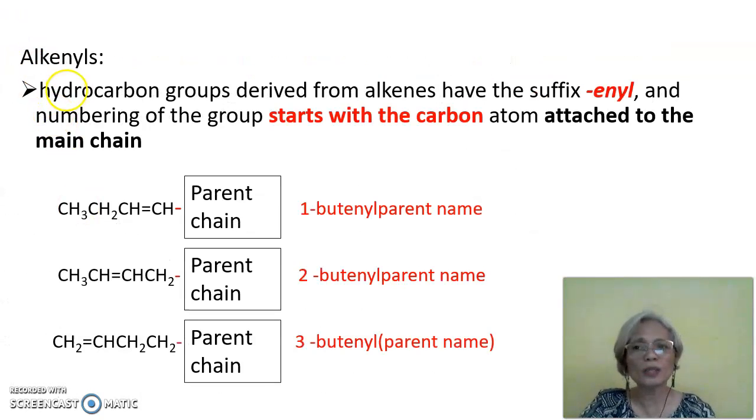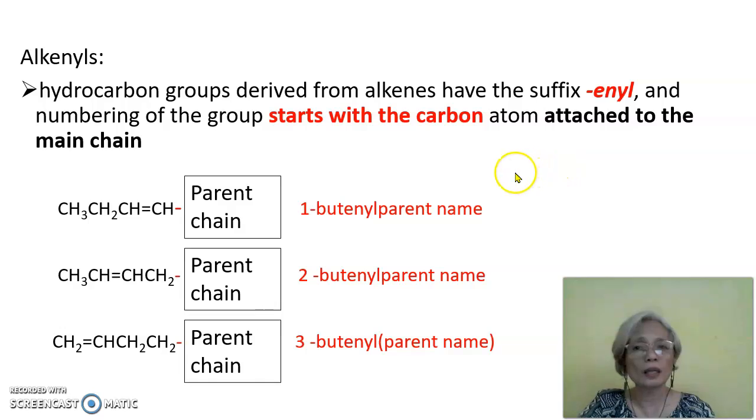Now, alkenyls. What are alkenyls? So, alkenyls are analogous to alkyls. For alkane, when you remove a hydrogen, we call the remaining hydrocarbon group an alkyl. Here, for alkene, when you remove a hydrogen, we call it an alkenyl. Okay? So, we use the suffix -enyl.